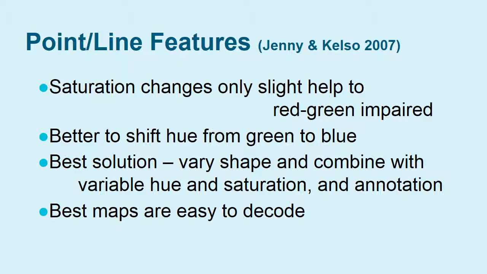And your best solution, similar to other authors, is to vary the shape and combine that with variable colors, variable hue and saturations, and annotate. So this is a number of three different authors that mention the annotation and using different visual variables. As they point out, the best maps are the easiest to decode.